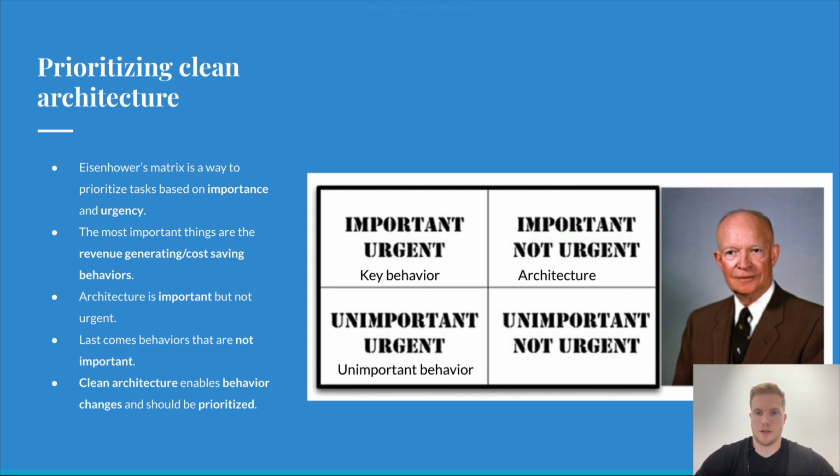But architecture is something that is even more important, and it has to be something that we continuously invest in, and we definitely need the right blueprint, which is what this talk is going to teach you.